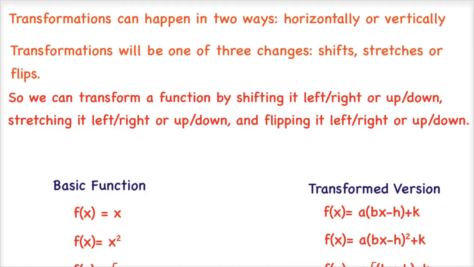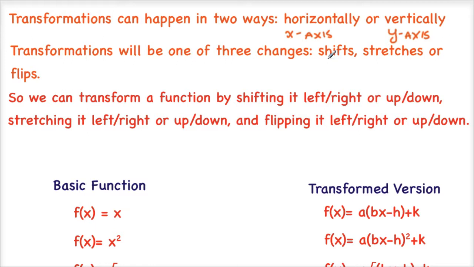So basically, transformations can happen in two ways. We're going to change our graphs horizontally, which would be along the x-axis, or vertically, which would be along the y-axis. Okay, so basically left to right or up and down. And the transformations will be one of three different changes.